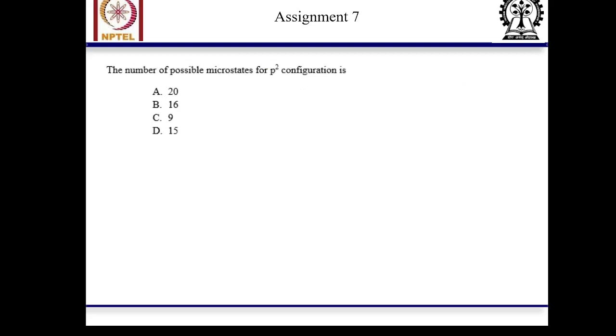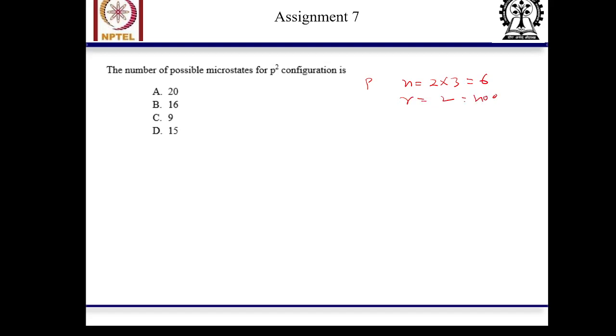Number of possible microstates for p2. This I think I have already calculated. So what is n? n is twice the number of orbitals, 3, so n is 6. What is r? That is the number of electrons, that is 2.